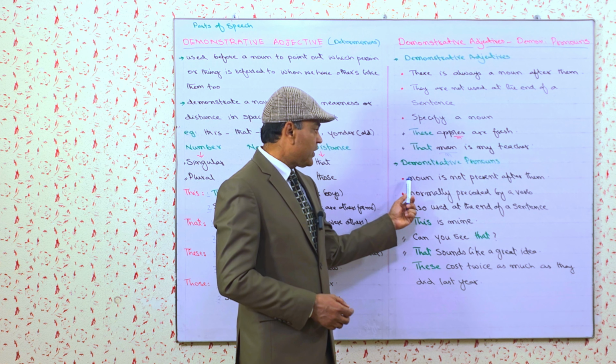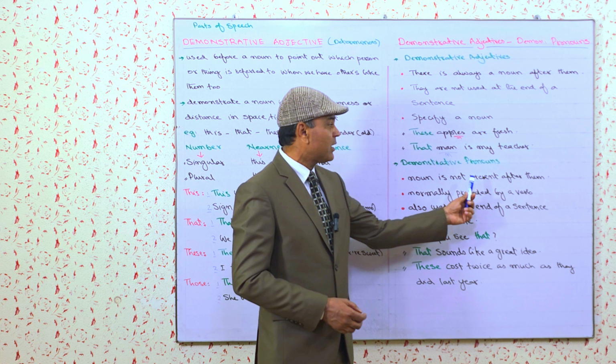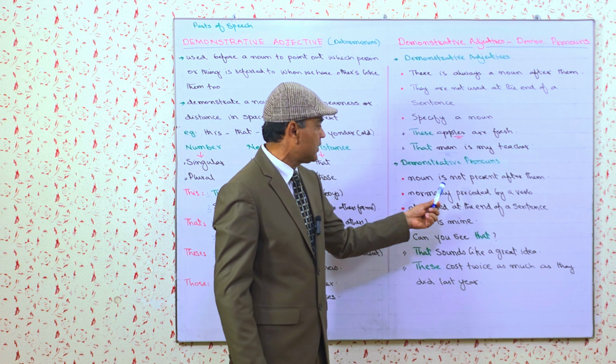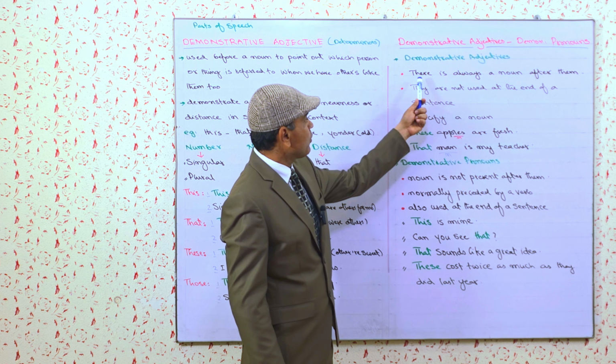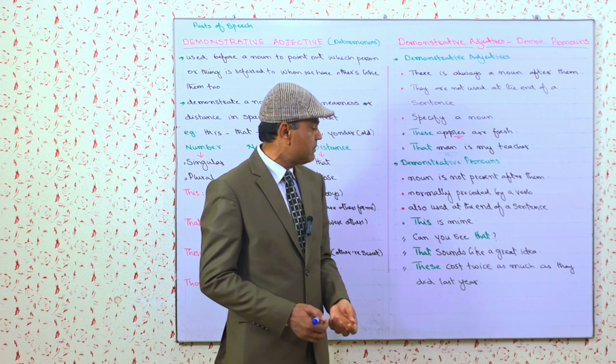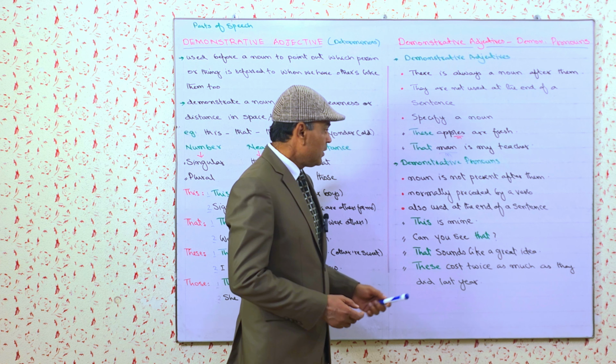So that's why the first point is, a noun is not present after them. This is the major difference between demonstrative pronoun and demonstrative adjective. We never have a noun after a demonstrative pronoun.